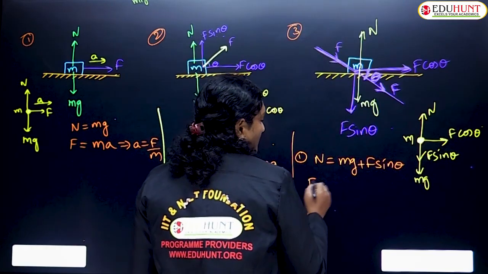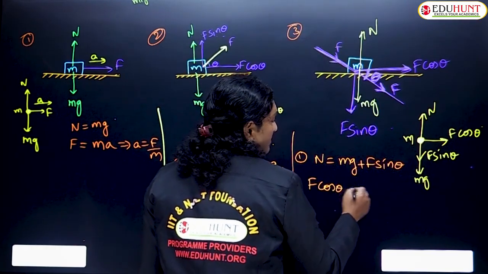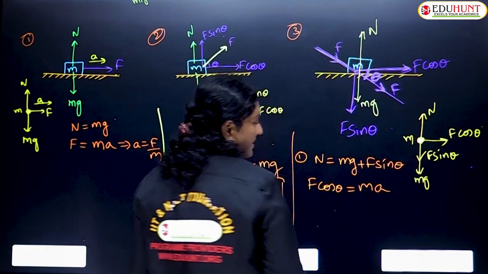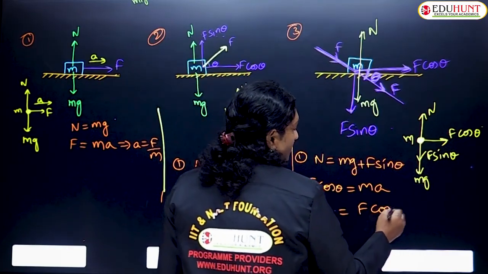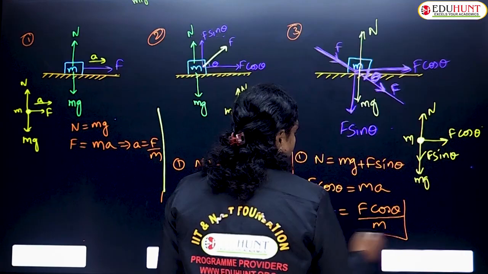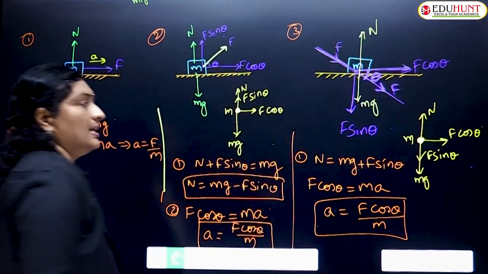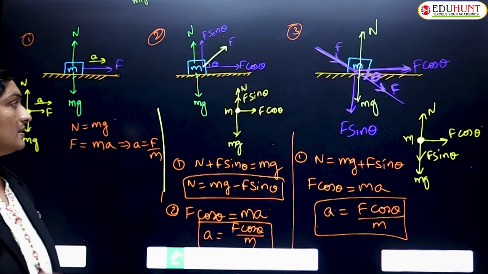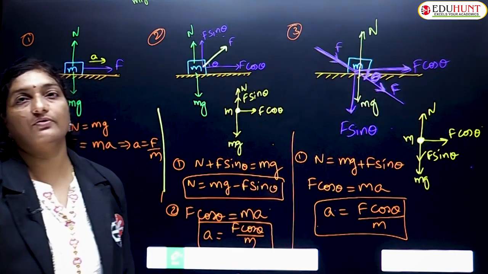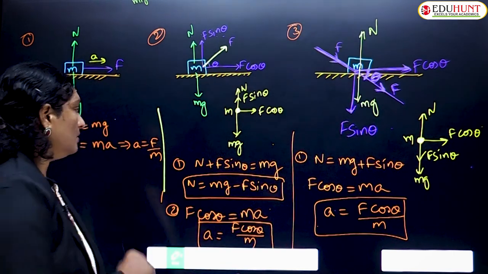In the latter case, the force F cos theta equals ma, so the acceleration is again F cos theta upon m. In both cases the acceleration is the same because the application of force is the same, but the normal reaction force varies in the two cases.